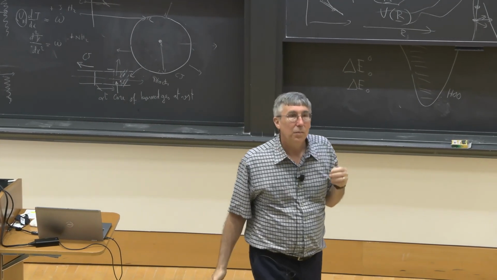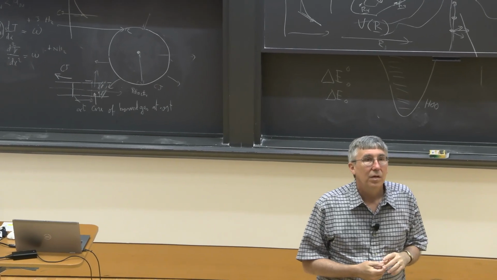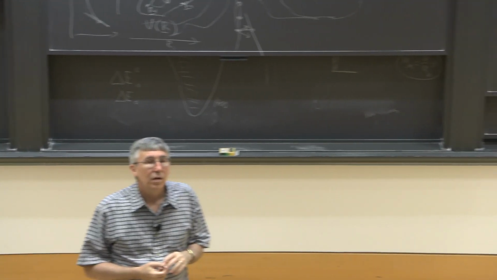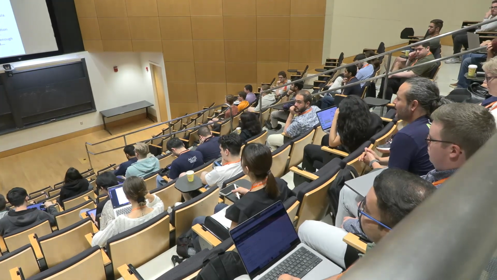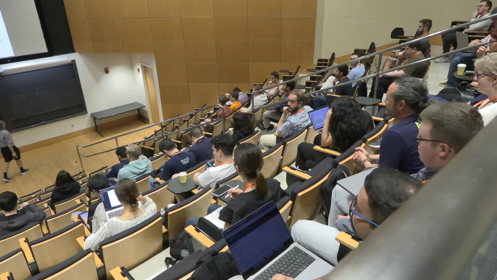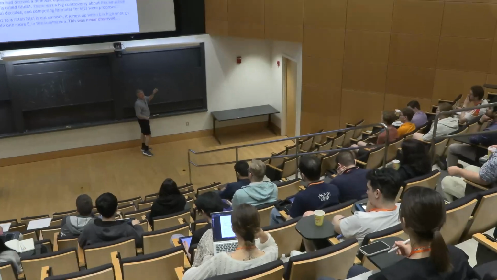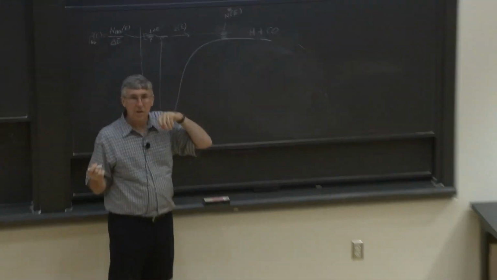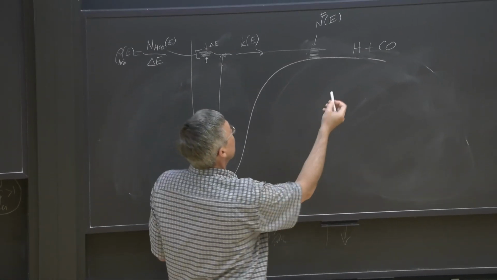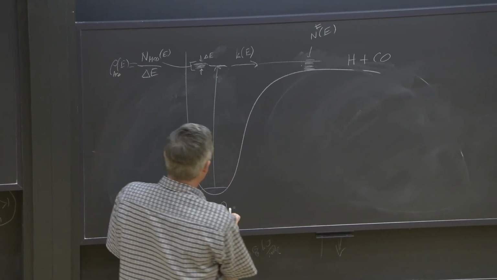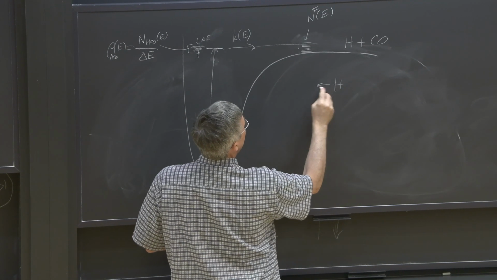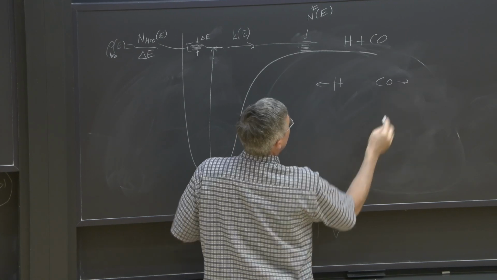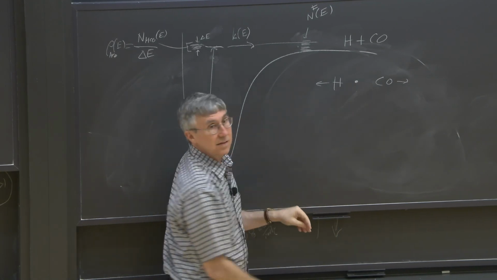Yeah? Part of the you account also for translational stage? You have to because the volume is going to make a change. You should count the states that satisfy the conservation laws. So if this is like a stationary HCO, then you count all the states that have H and CO counterbalance so that the center of mass stays constant.